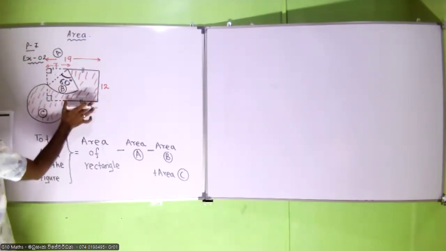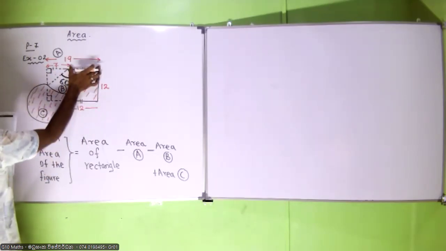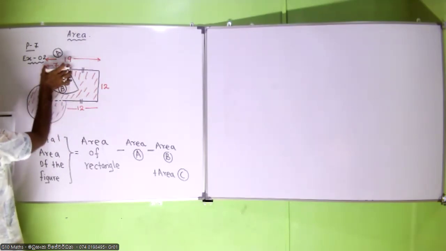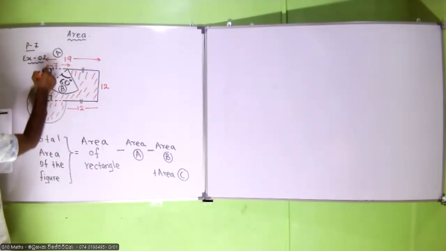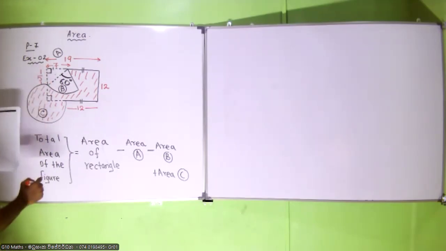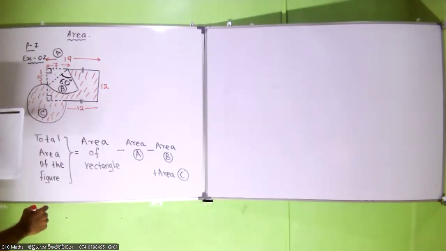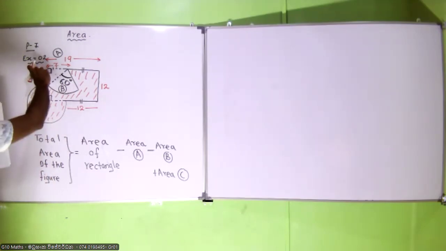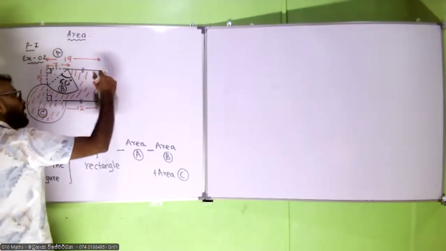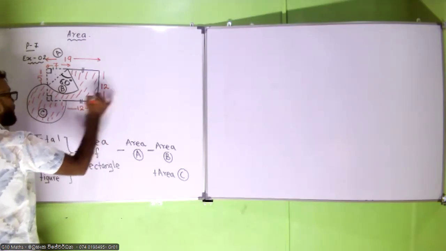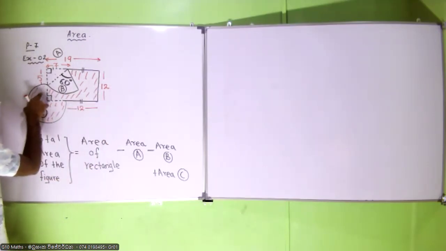This length equals this length. That means if this is 12, this should be 12. Then 19 minus 12 is 7. This length has been given as 5. So if this length is 5, this length is 12, and this radius is 7.